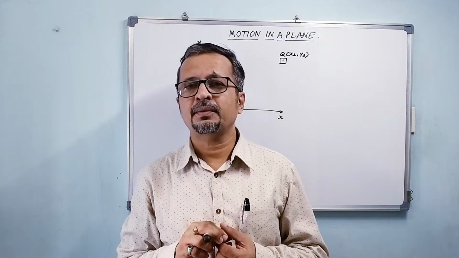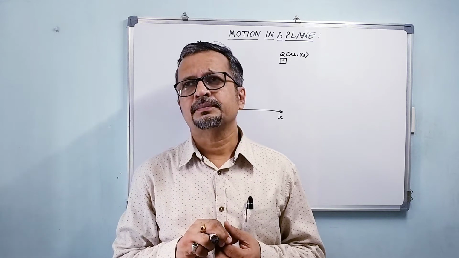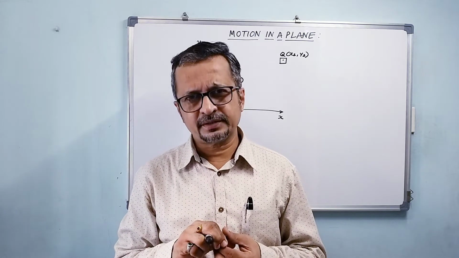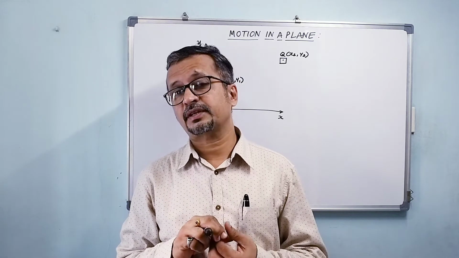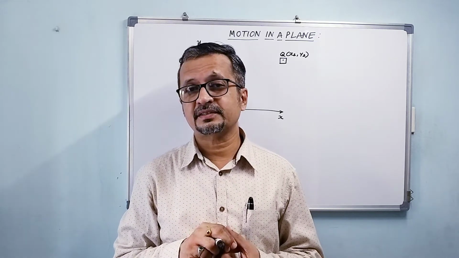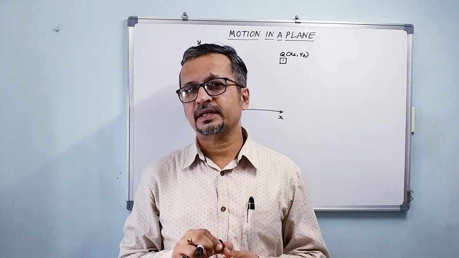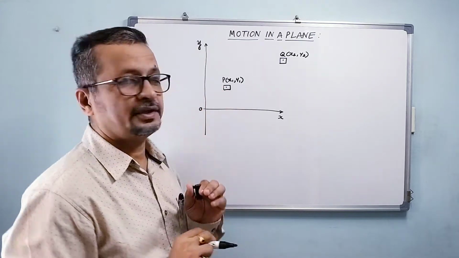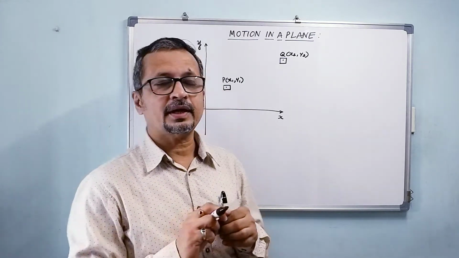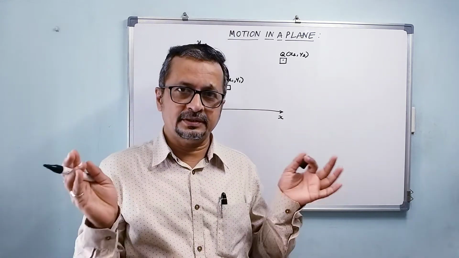Now again, earlier we have learnt about scalars and vectors, right? Displacement as a vector quantity, and distance as a scalar, or velocity as a vector and speed as a scalar quantity, correct? Now when a particle moves in the plane, it would have a certain x coordinate and a certain y coordinate, isn't it?